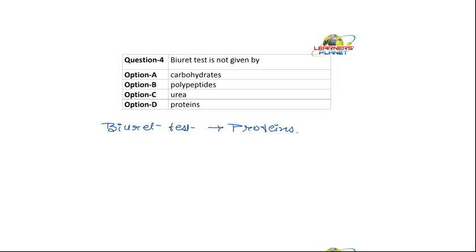It is that your protein is warmed with 10% solution of sodium hydroxide, that is NaOH, right?